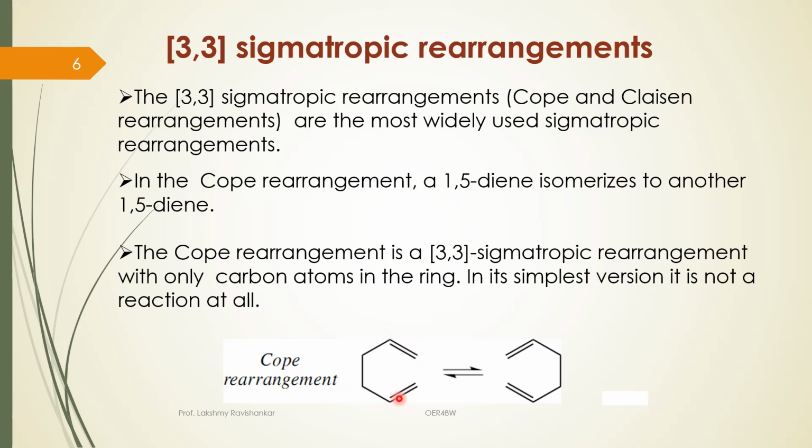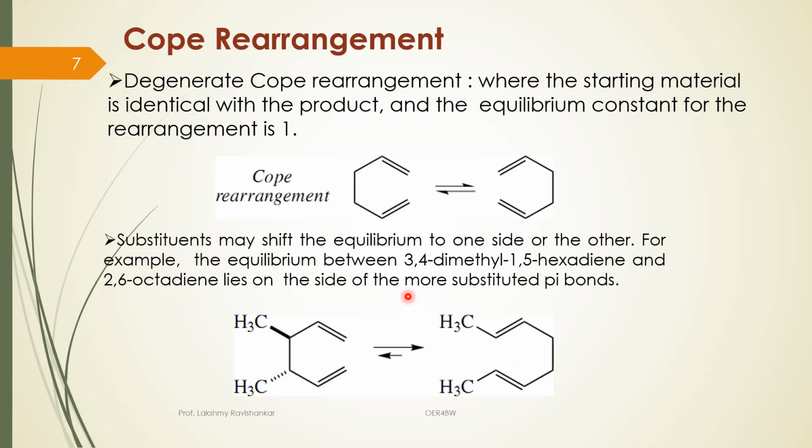Looking at it this way, it looks apparently like there is no difference between the reactant and the product, because the Cope rearrangement is a sigmatropic rearrangement with only carbon atoms in the ring. In its simplest version, it is actually as though there is no reaction at all. These are known as degenerate Cope rearrangements, where the starting material is identical with the product and the equilibrium constant for the rearrangement is 1.